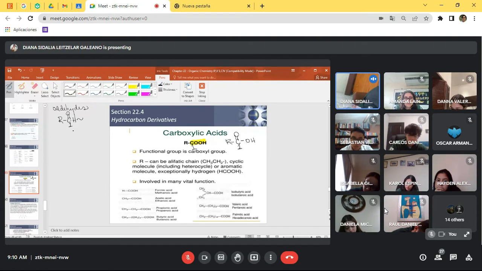Any carbon chain can be 1 carbon, 2 carbons, 3 carbons. This can also be represented. So, always, this will be carbon 1. That's the place we start. Carboxylics are similar.